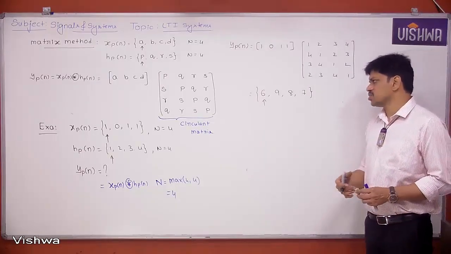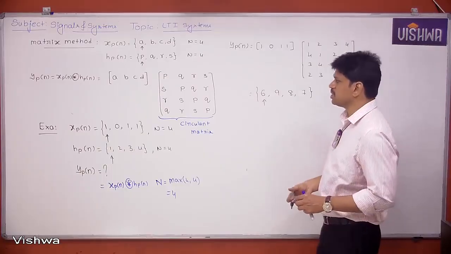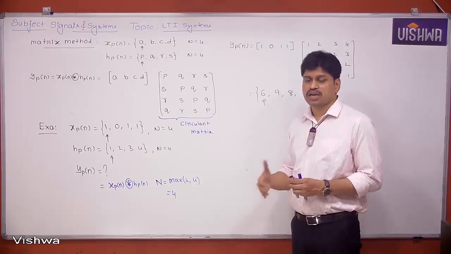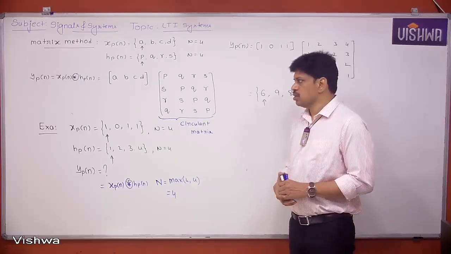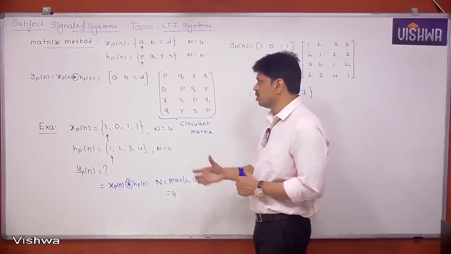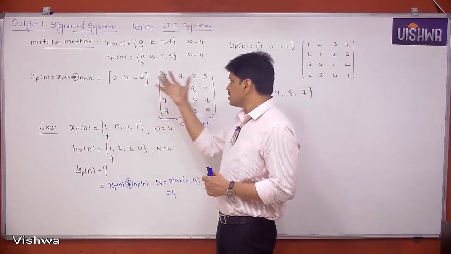So you may think, sir, the previous method is the easy one, why do we have to go for this matrix method? We already have the easy method. Please listen. In the examination, sometimes they will give you the output in this form.